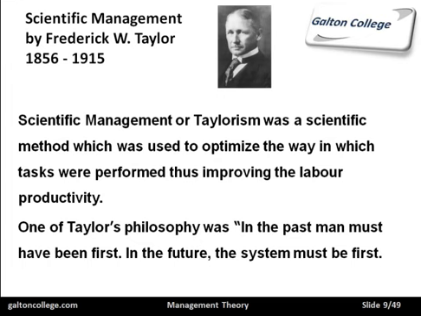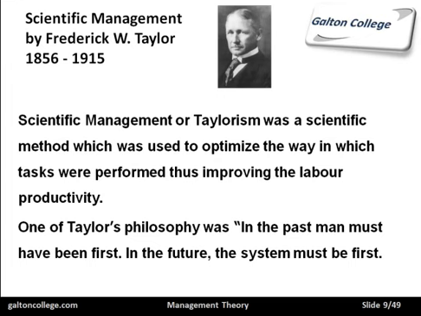One of Taylor's philosophies was, in the past, man must have been first. In the future, the system must be first. Sounds a bit harsh, and I don't think it's a sentiment that many people would support today. But at that time, these people were experimenting with ideas, experimenting with ways of doing things.